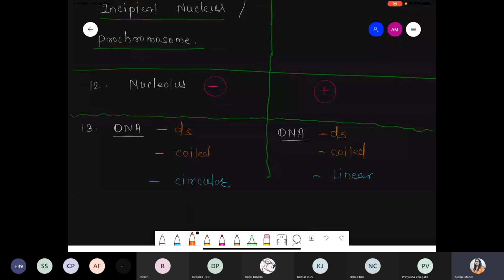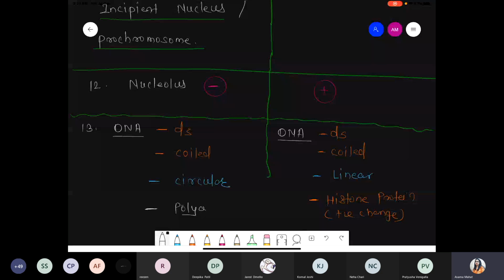And the last one, you know very well, DNA has a negative charge. So for the packaging process, we require a positively charged protein. So in case of the eukaryotic system, there is a presence of histone protein which has a positive charge and which helps during DNA packaging. While when you compare this point with pro, in case of the pro, there is a presence of polyamine rich protein, because histone protein is absent.